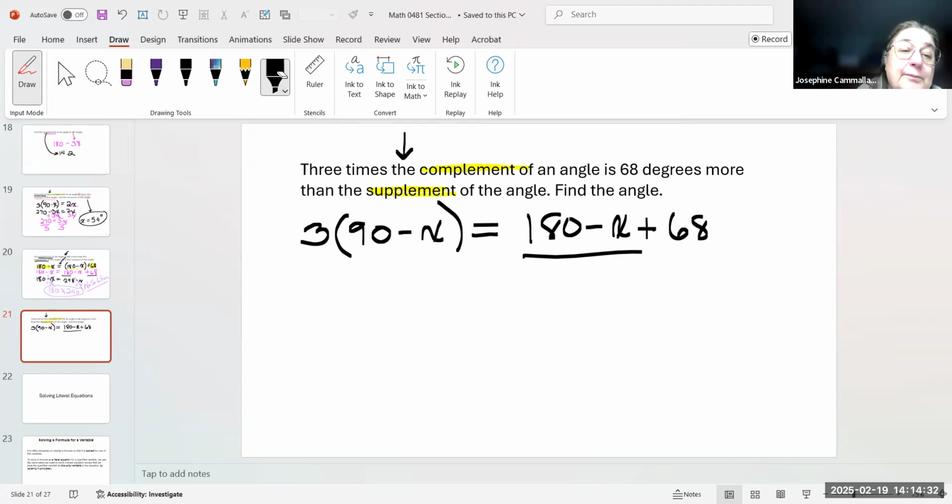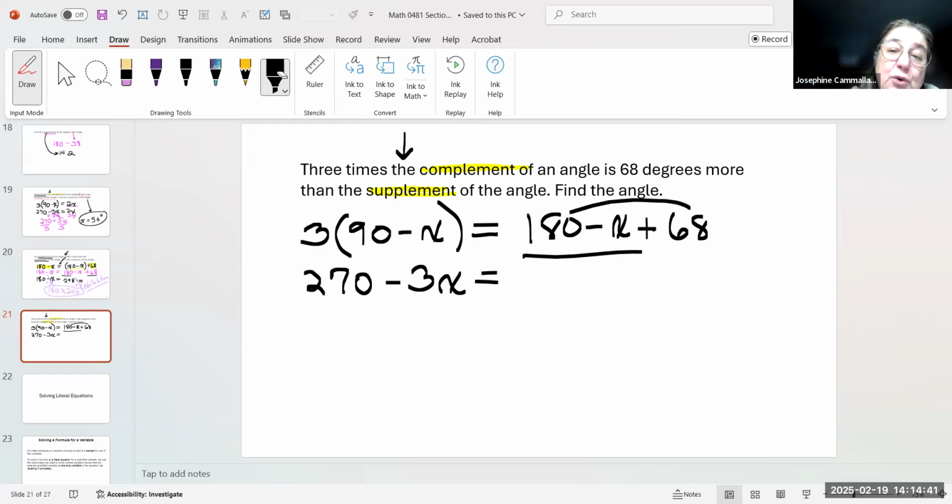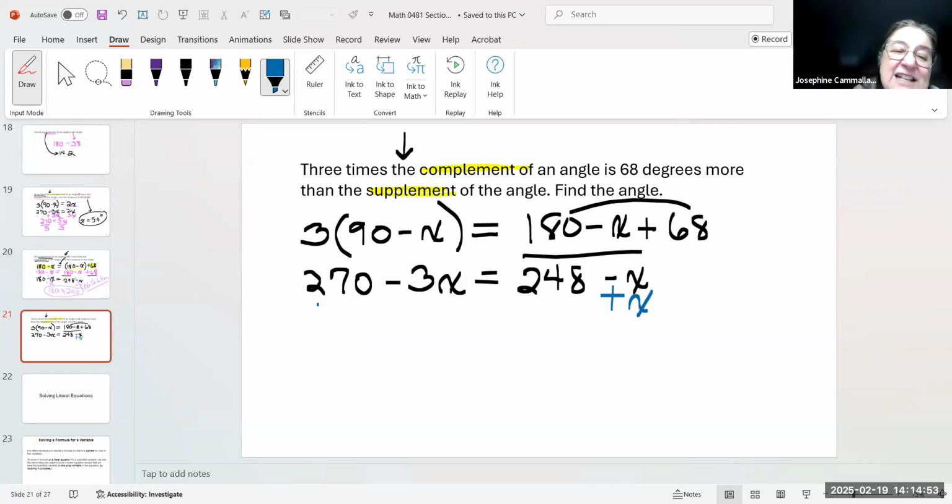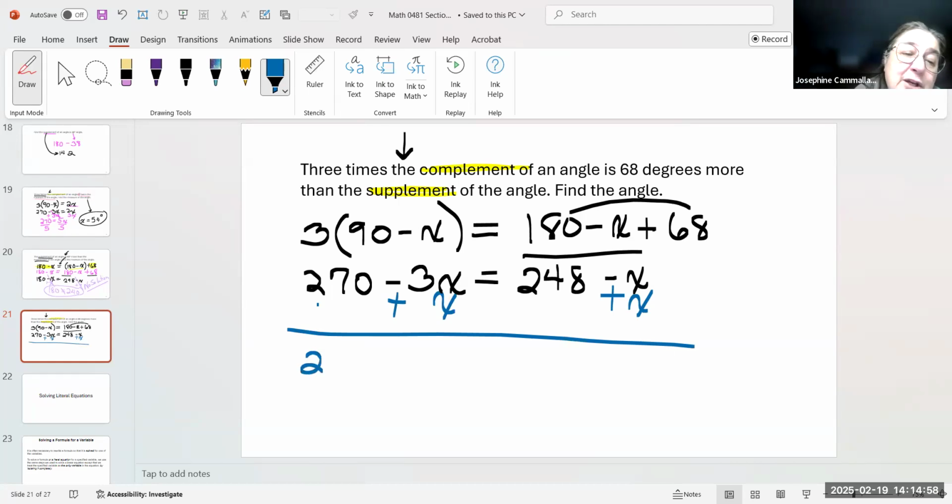Well, let's check it out. 270 minus 3x. Now this time I'm combining these two terms, which gives me 480 minus x. Well, this is going to give me a little bit different result because I'm adding x. This will give me 270 minus 2x is equal to 248.